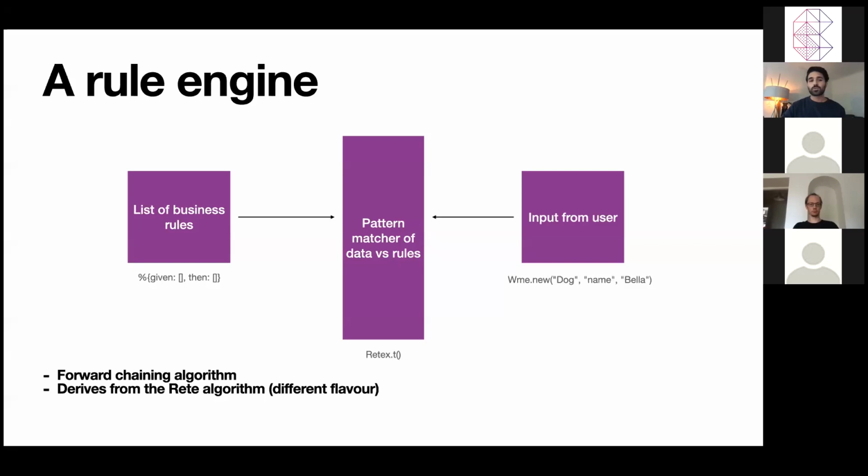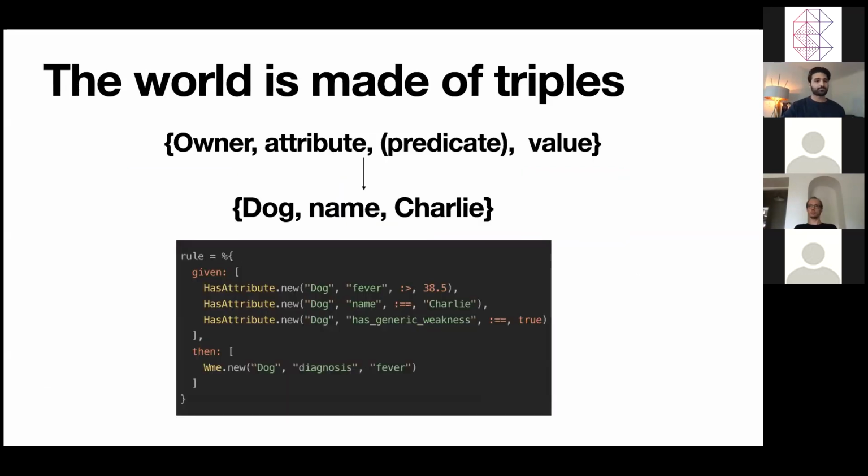And the rules are checked with the forward chaining algorithm. And as we already know, of course, this is a flavor of the Rete algorithm. The rules, I decided to implement as just a map of given and then. So either a struct or just a map containing a list would suffice for the algorithm to work.